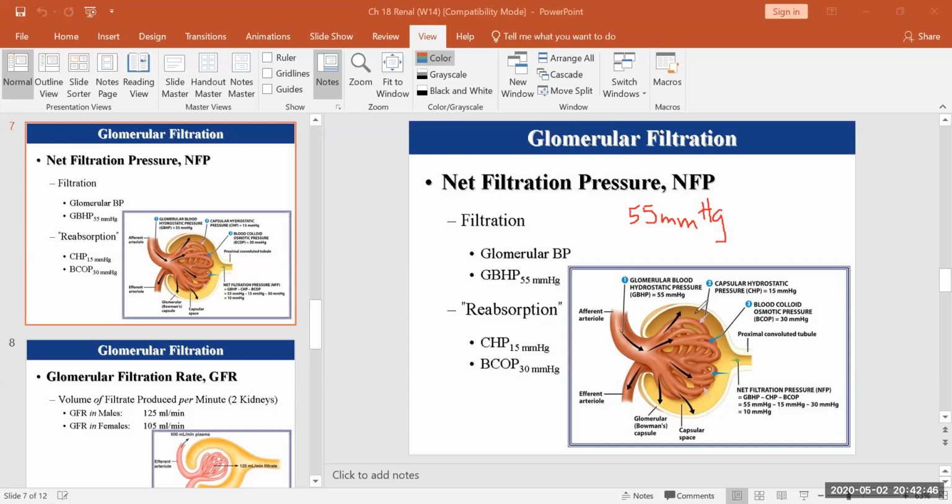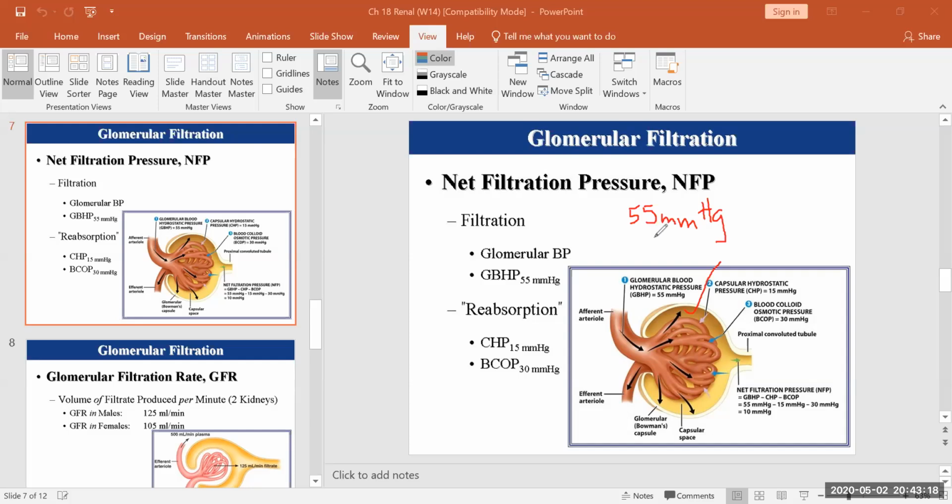There's also traces of plasma protein in the Bowman's capsule that also attracts blood plasma out into that space. But that component is negligible under healthy conditions. That's why it's being ignored. So in your book, instead of 55 millimeters of mercury, it says 60 millimeters of mercury. So it doesn't really matter the exact number.